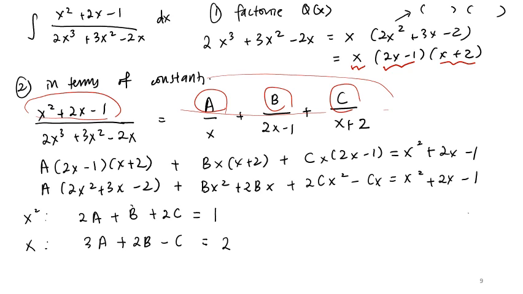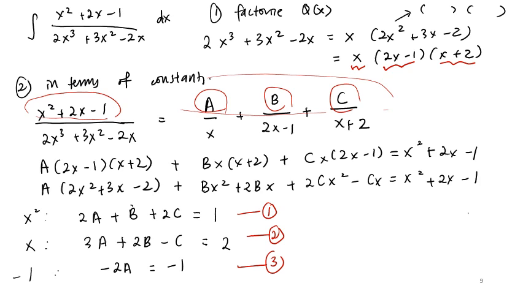And for the constant term, minus 1, you have minus 2a equals minus 1. Here you have the set of equations: equation 1, equation 2, equation 3. So you have three equations with three unknowns. I'm sure you've seen this before. Thus you have enough information to solve for a, b, and c.